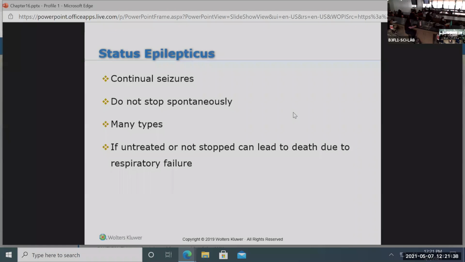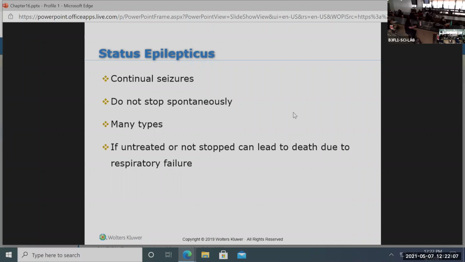Okay, so status epilepticus is like status asthmaticus for asthma, which I mentioned, a severe form of asthma. Over here, we're talking about a severe form of epilepsy. That's called status epilepticus.